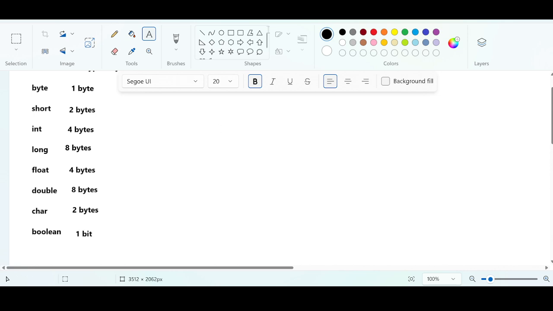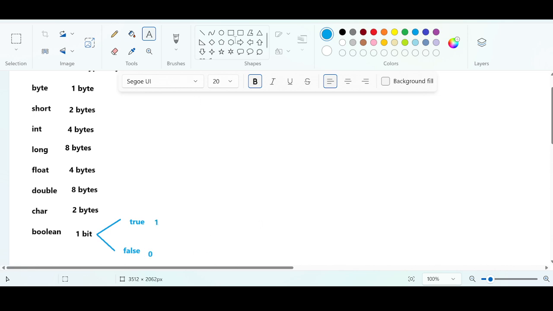Why 1 bit? We have just understood Boolean data type. 1 bit means it can either store true or false. That's why the Boolean data type can possibly store two values, either true or false. But again, this true and false will get represented internally in the form of ones and zeros.